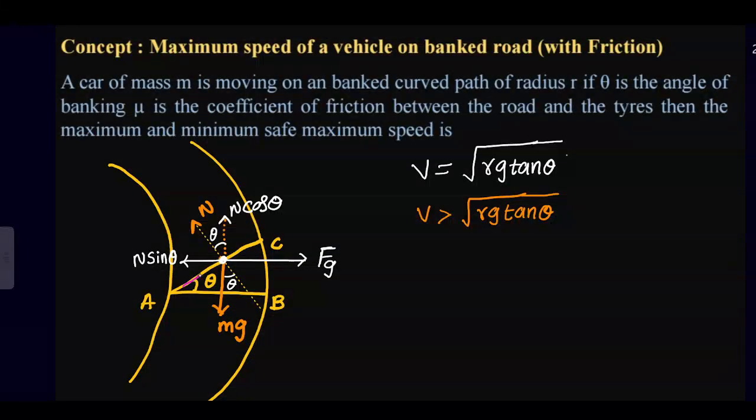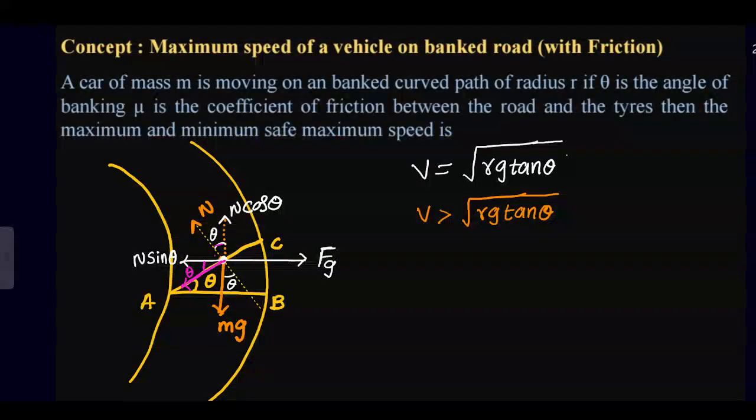Friction will always be in the contact surface only, like this. Here this is the friction. And friction is like this. Now, here this angle is theta, this angle is 90 minus theta, then this angle is again theta. Understood this angle? Now, we need to resolve into components again.